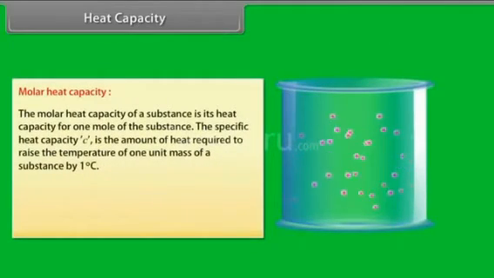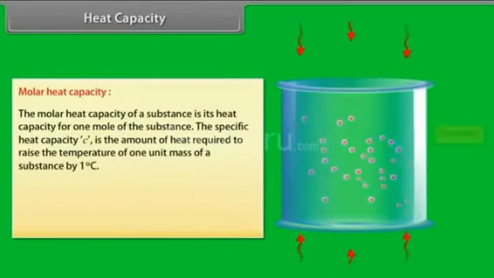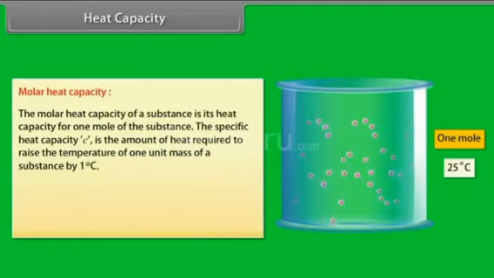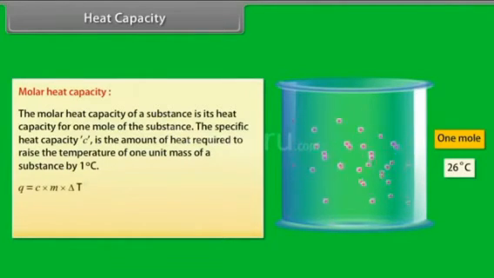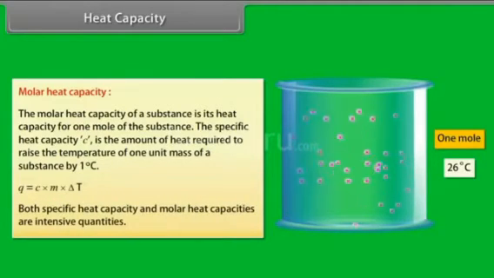The molar heat capacity of a substance is its heat capacity for 1 mole of the substance. The specific heat capacity is the amount of heat required to raise the temperature of 1 unit mass of a substance by 1 degree Celsius. Q is equal to m into c into delta T. Both specific heat capacity and molar heat capacity are intensive quantities.